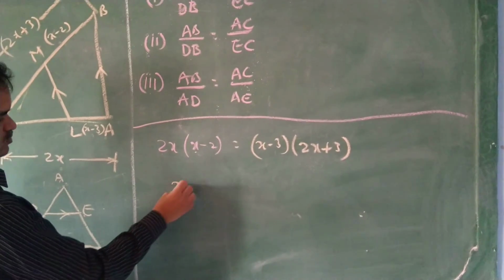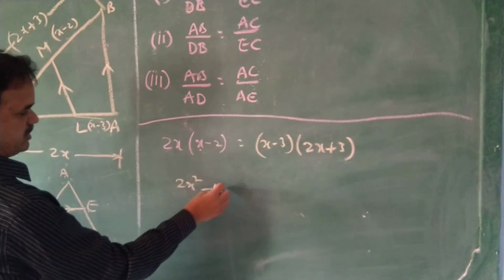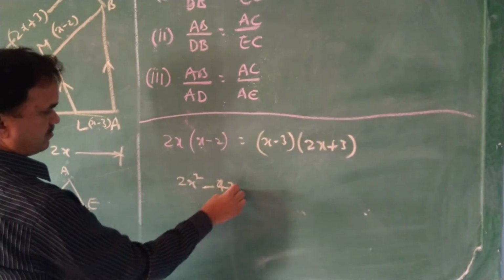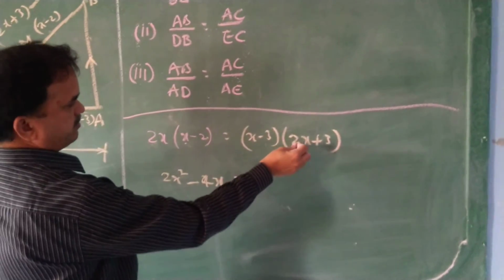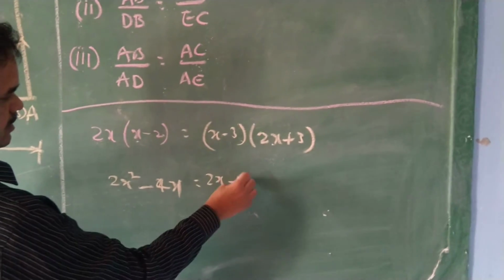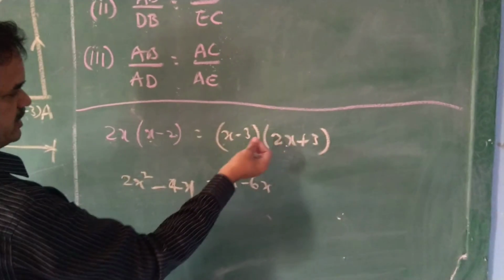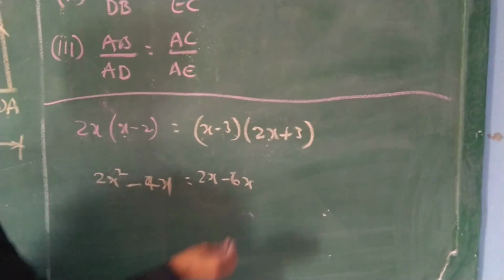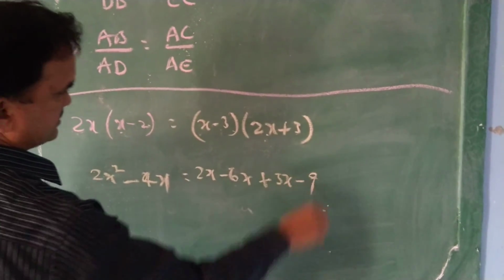2x into x is 2x square, 2x into minus 2 is minus 4x. Multiplying completely, 2x square minus 6x, and 2x into x, 2x into minus 3 is minus 6x, plus 3x minus 9.